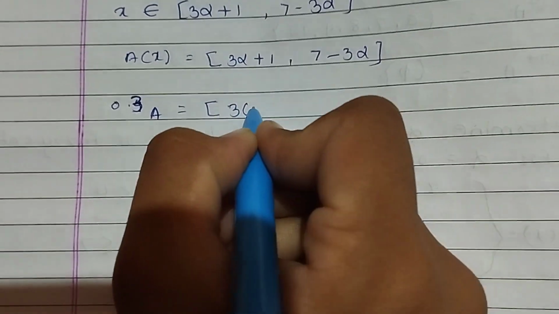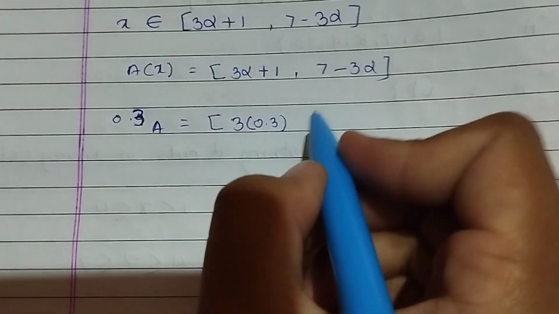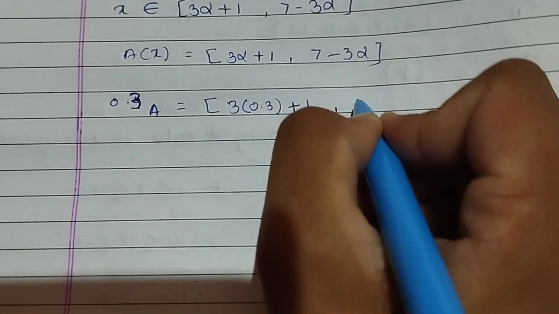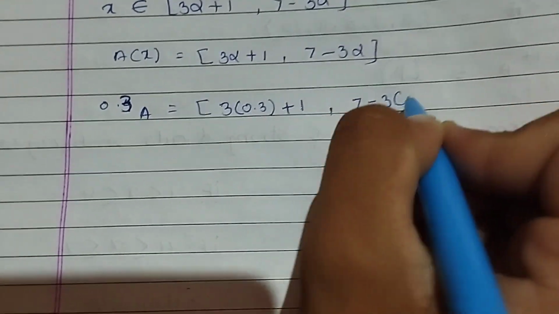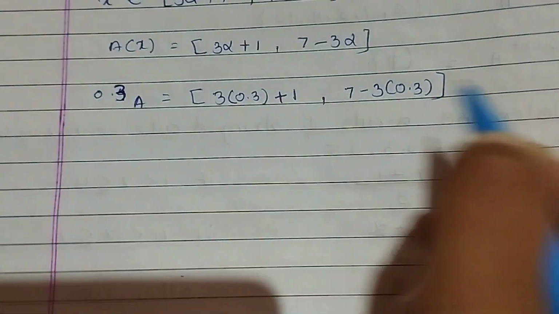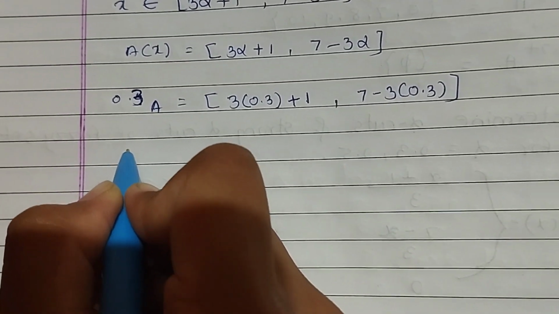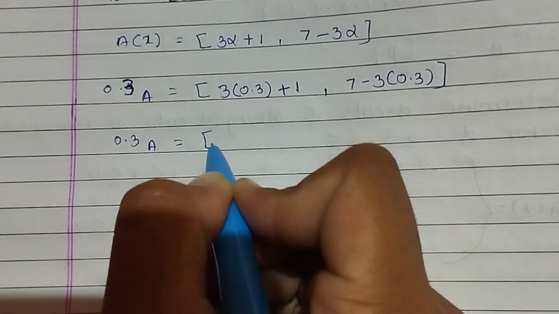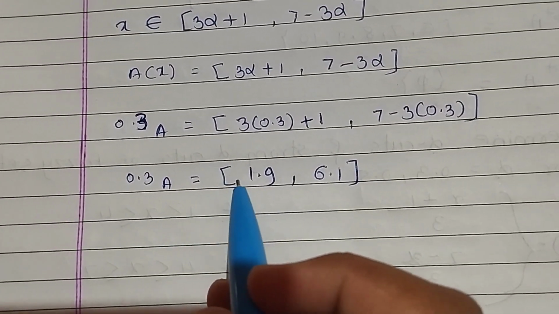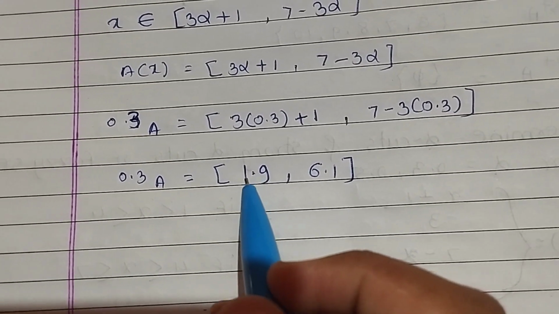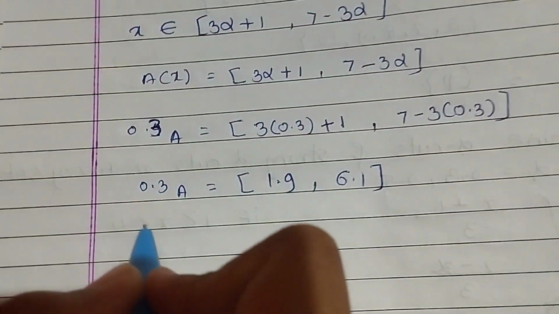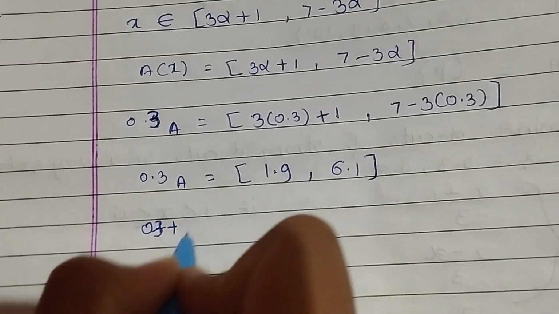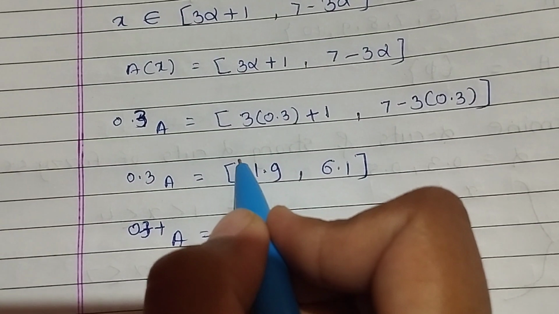Only put 0.3 there, because the value of alpha is 0.3 here, plus 1 and 7 minus 3 into 0.3. When we find out, the 0.3 alpha cut set belongs between 1.9 to 6.1, and if you want the strong alpha cut 0.3, that time these are the open brackets.